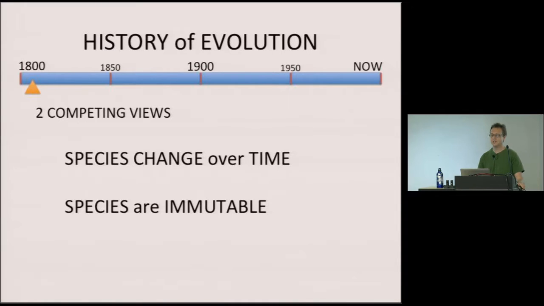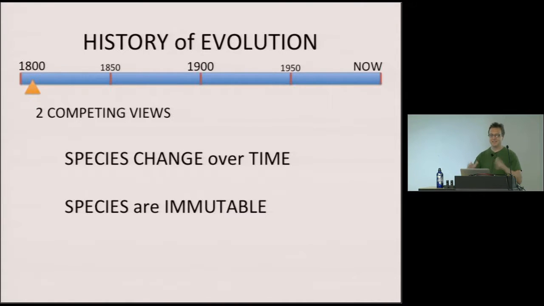This week I'm going to go into the history of thought and experiment and the development of this theory of evolution. I'm going to take everybody back to the early 1800s. At the time, there were two competing views for trying to explain what people were observing in nature.